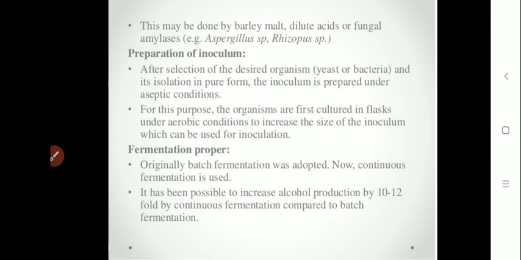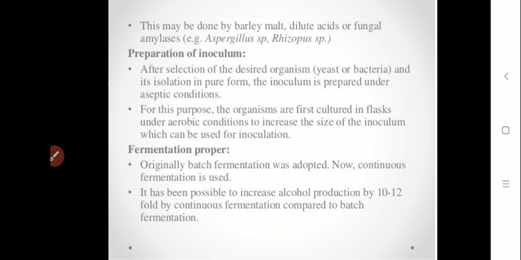For this purpose, the organisms are first cultured in a flask under aerobic condition. Aerobic condition is maintained to increase the growth of the selected strain. Once the growth has started, we go on increasing the inoculum, which can be used for the inoculation process in the large scale fermenters.